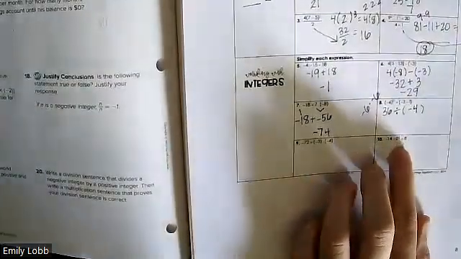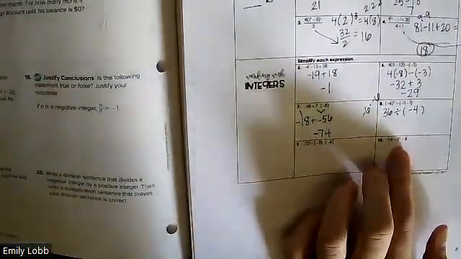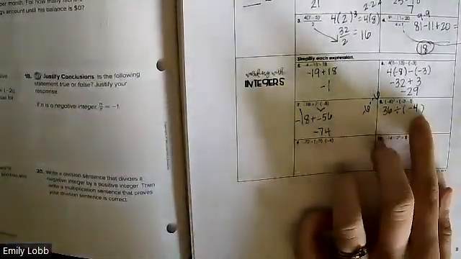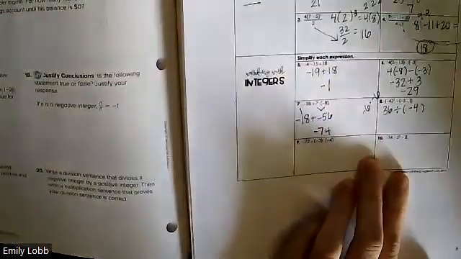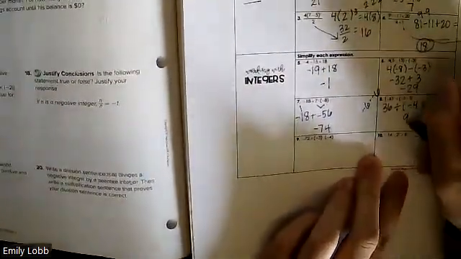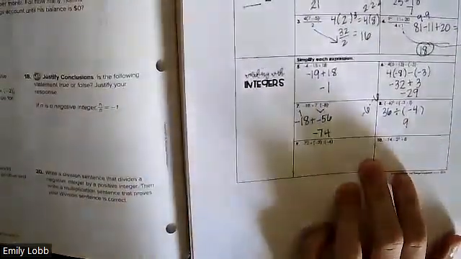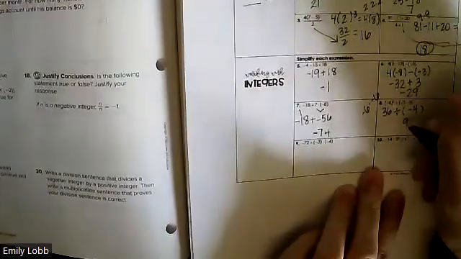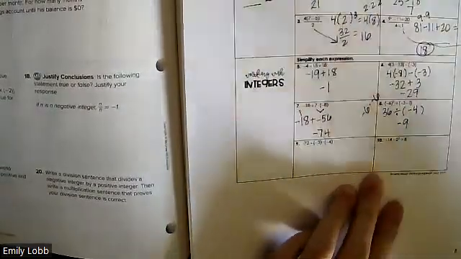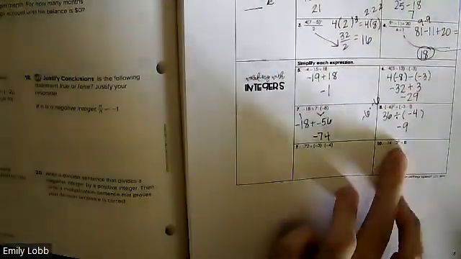What's 36 divided by -4? 4 times what is 36? 9. Positive or negative? Negative. All right, is that 2 to the 5th?